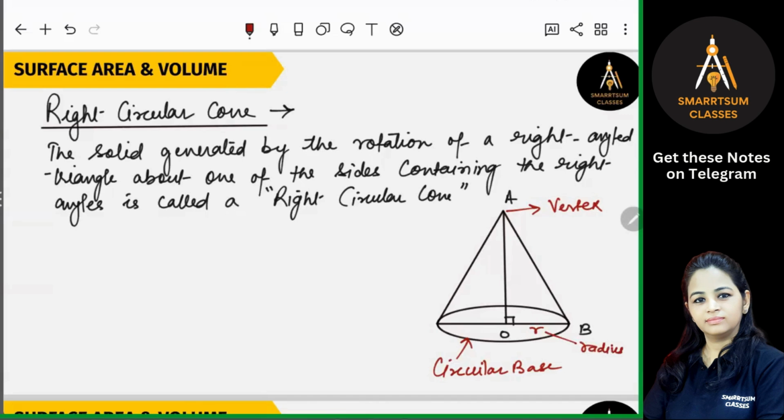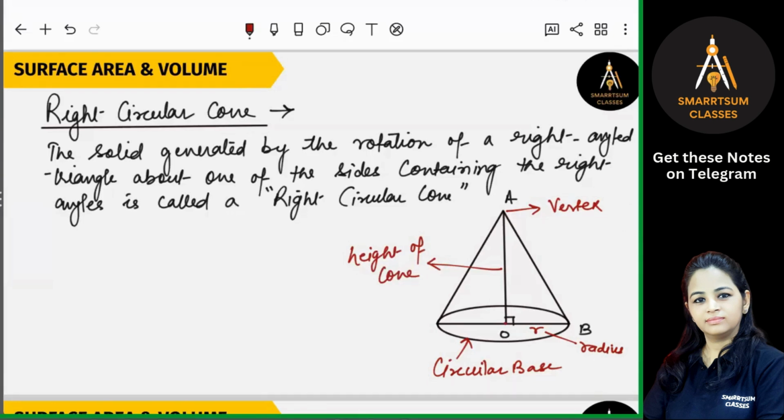So a cone has a vertex, as you can see here in the diagram. Its base is circular, a circle having a center, which here is O. O is the center of the circle, and OB is the radius of the circular base. Now this length OA is called the height of the cone.